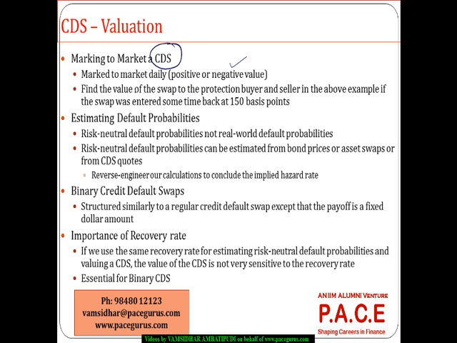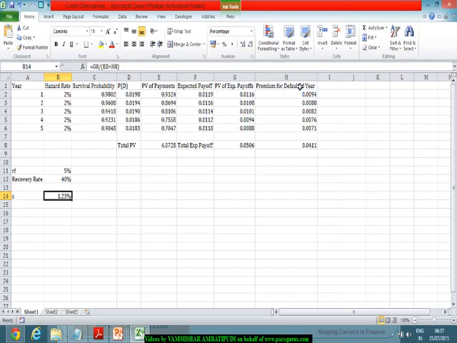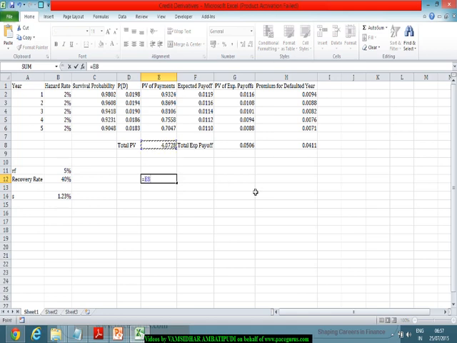Now if we are saying find the value of the swap to the protection buyer and seller in the above example, if the swap was entered sometime back at 150 basis points. Let's say earlier the swap was entered at 150 basis points. So what is the typical payment the CDS buyer is making? The present value of the payment he is making, going with the 1.5%, is this plus this times S. S is 1.5%.